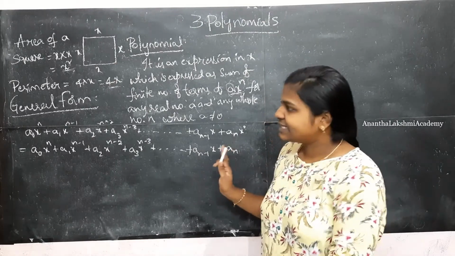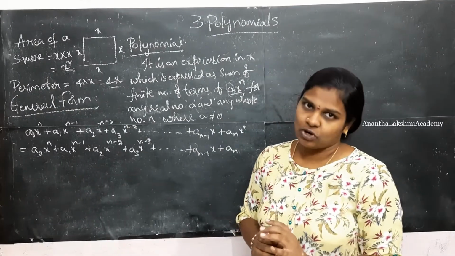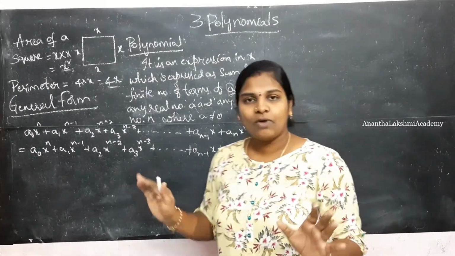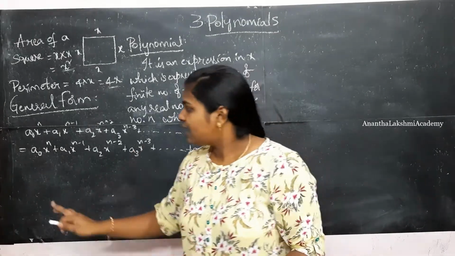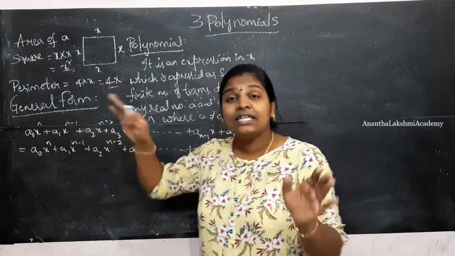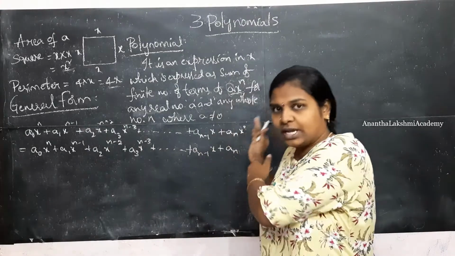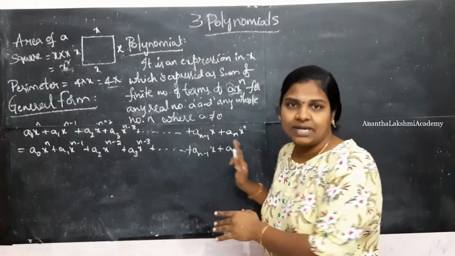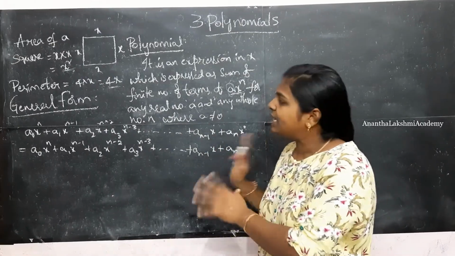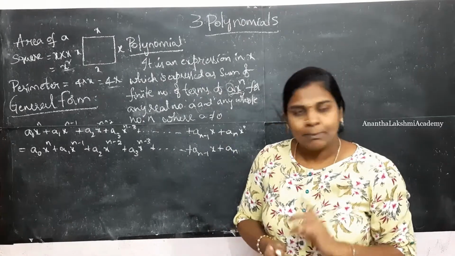So this is the general form of a polynomial, in the form of a x power n, where the a's are given like this and the power decreases as we go on in the expression.